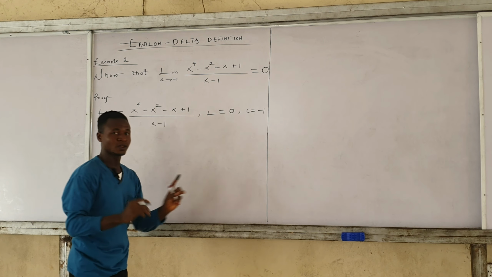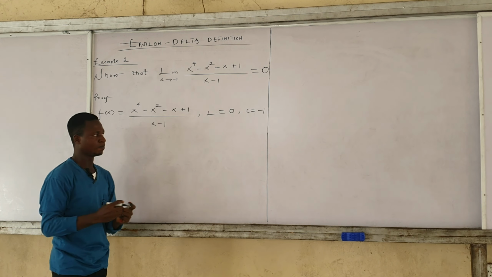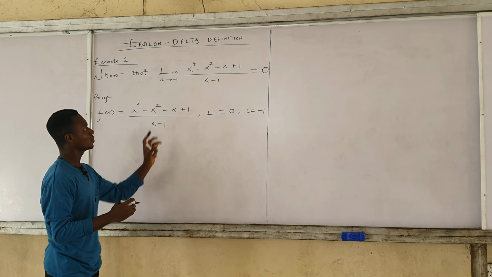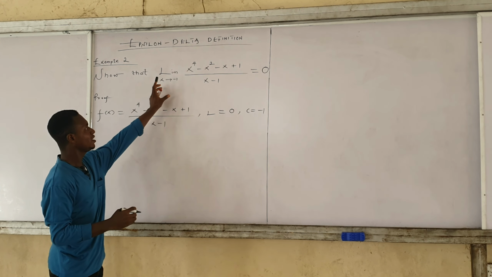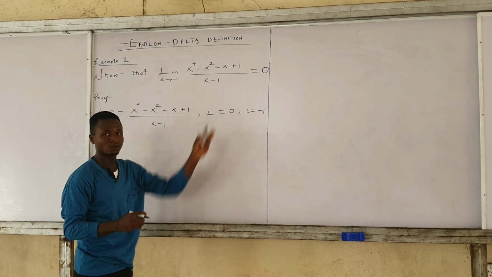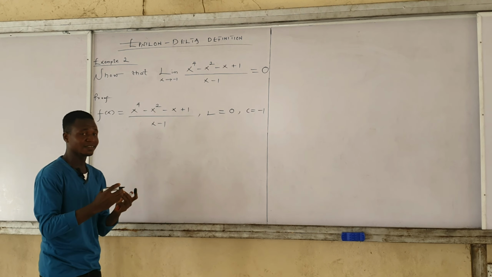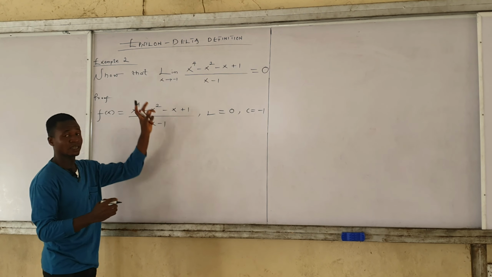So with this given, we have to understand the problem. The problem is that we want to show that the limit of this function as the independent variable approaches minus 1 is equal to 0. So we are going to be stating the definition, the epsilon delta definition.